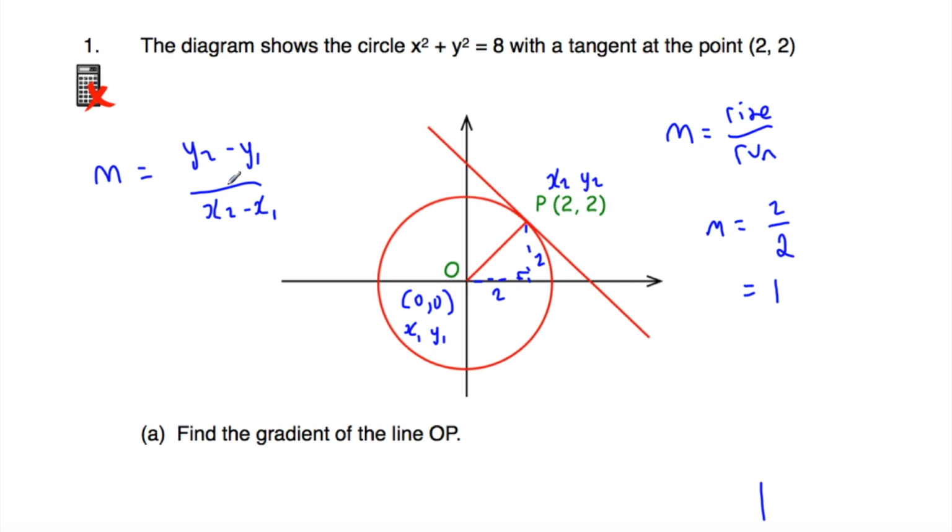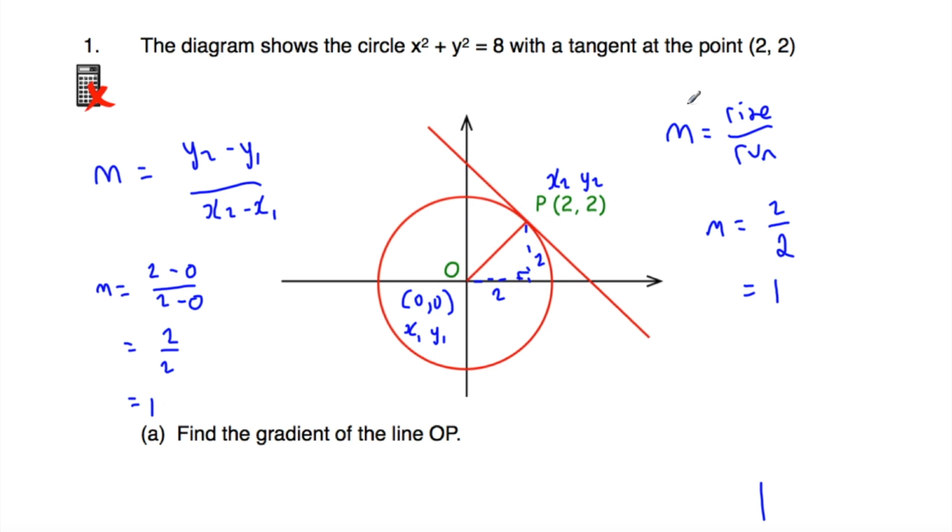Substituting into the formula, m is equal to y2, which is 2, subtract y1, which is 0, divided by x2, which is 2, subtract x1, which is 0. The numerator, 2 take away 0, is 2. The denominator, 2 take away 0, is 2, and 2 divided by 2 is equal to 1. So the gradient of the line OP would be 1.